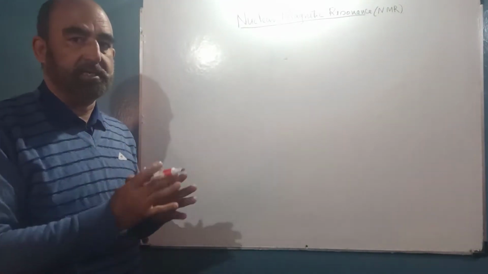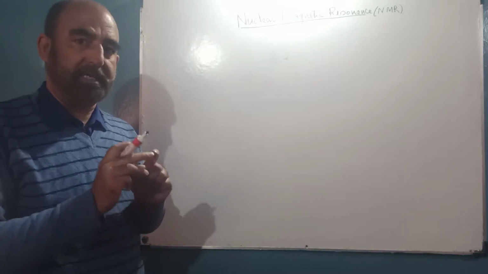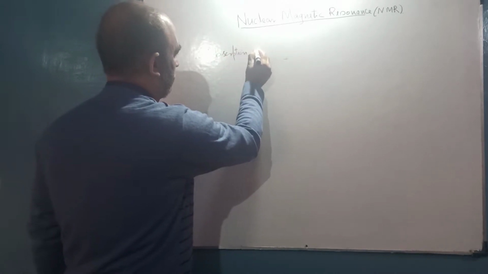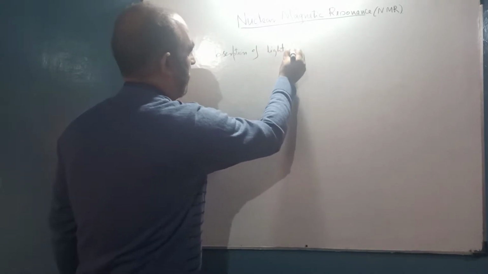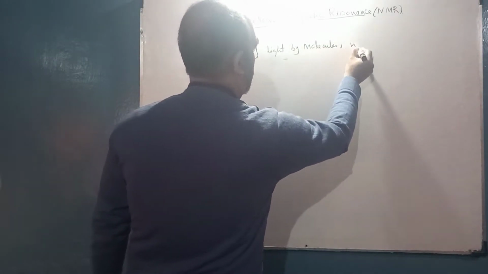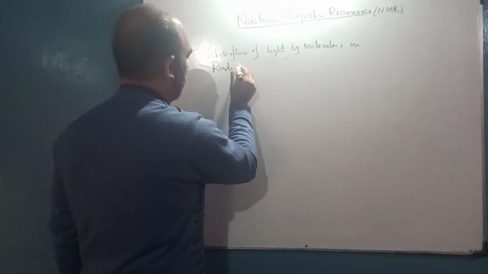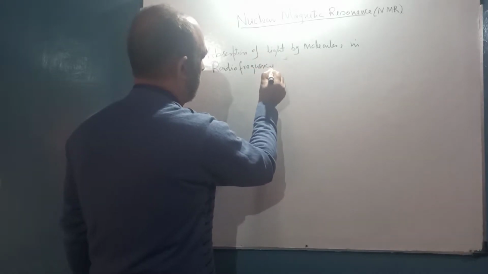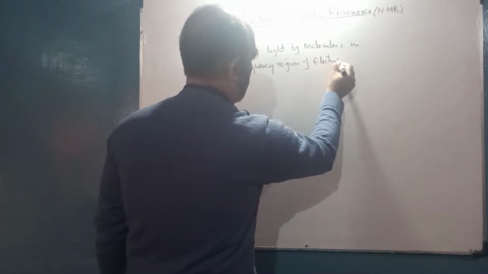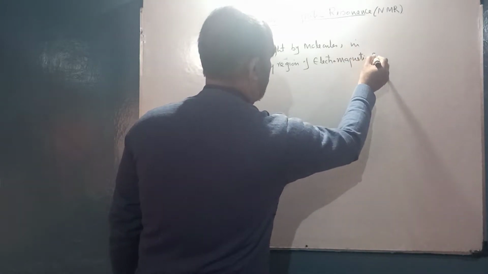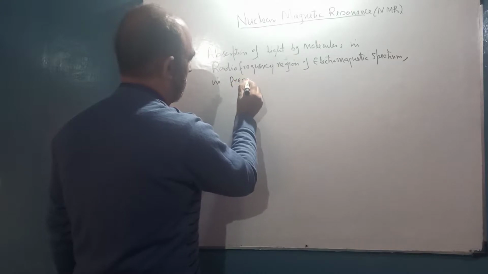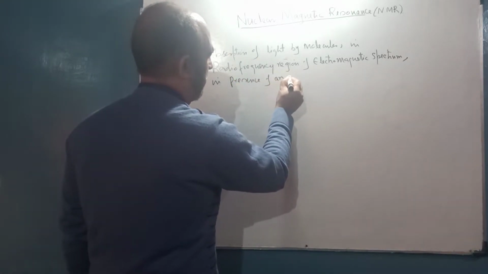This spectroscopic technique involves the measurement or making record of the absorption of light by molecules in radio frequency region of electromagnetic spectrum in presence of an externally applied magnetic field.